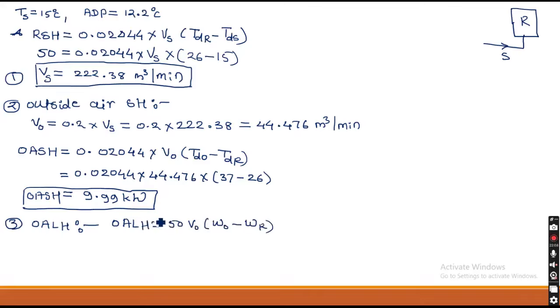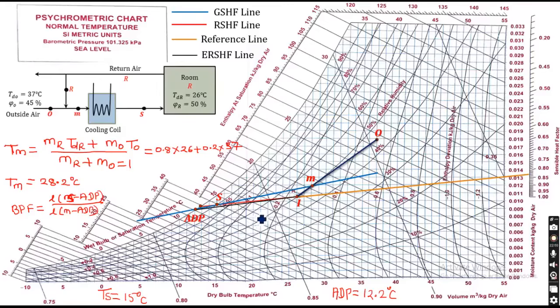In order to find out this WO and WR, we have to go to the chart again. Here we have the O point, and we have the I point here, which is nothing but the R point, right? Corresponding to this O point, we can mark the specific humidity here.